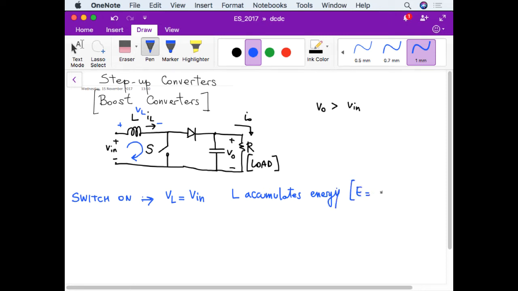Remember that the energy accumulated in an inductor is equal to 1/2 L i to the power of 2. So when we increase the current, we are accumulating energy in the inductor. And of course, this energy is taken from the input generator. So we have a transfer of energy from the input generator to the inductor.